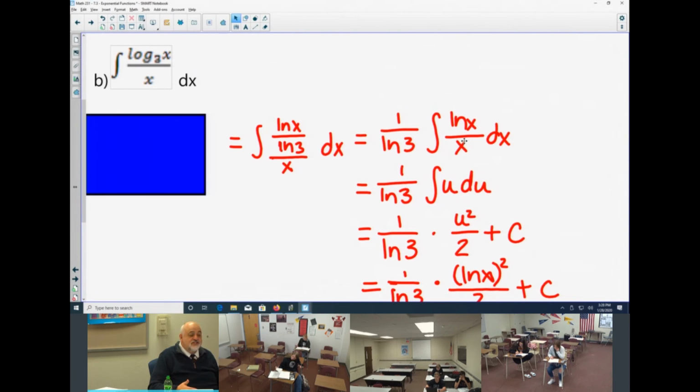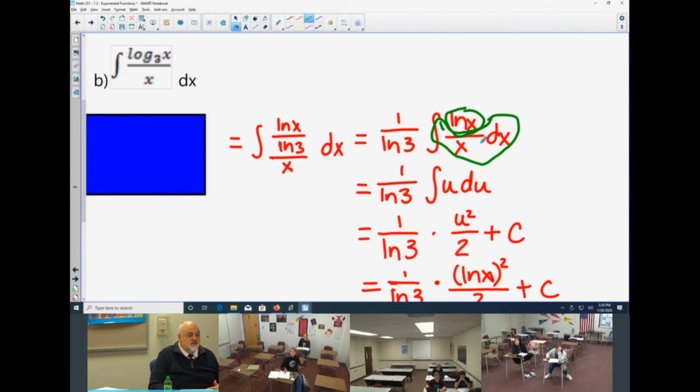And so then, just like the practice problem, if this is your u, then 1 over x dx is your du, because the derivative of natural log of x is 1 over x dx.